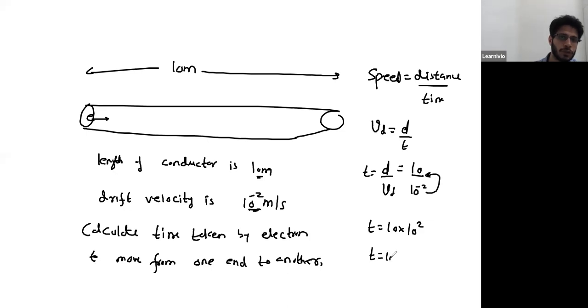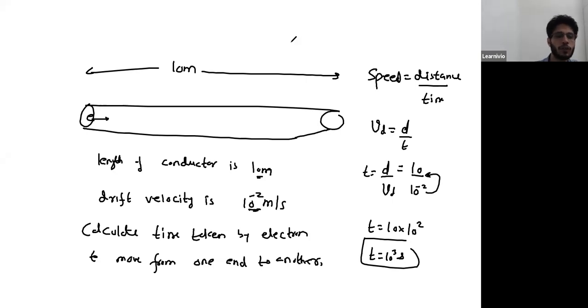It comes out to be 1000 seconds. Fatima, why were we getting 1? Sir, I didn't consider the power. You didn't consider the minus 2. Afroza, you? You are, as ever, making some calculation mistakes, huh?